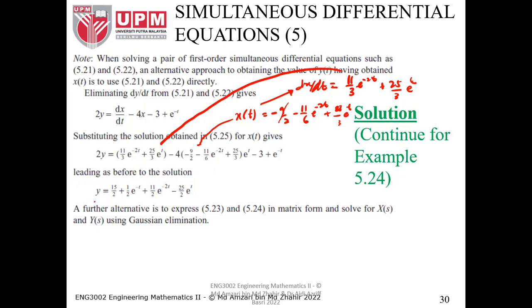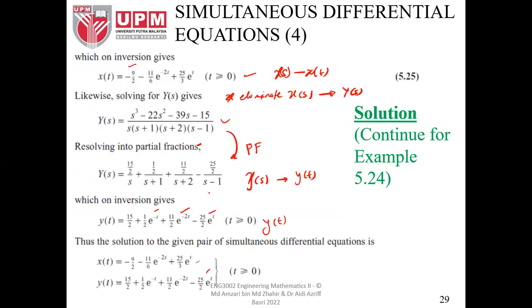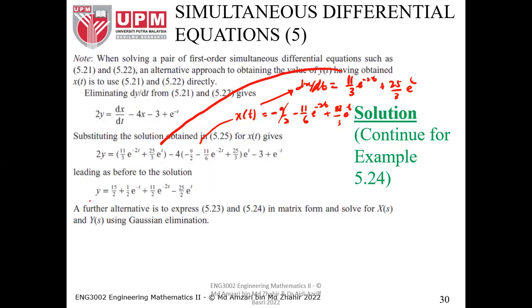So instead of calculating x and y using the Laplace transform, another way is to solve only x(t), and dx over dt, using the first equation of the main equation. You just substitute it, then you will get y. You get the similar y: 15 over 2 plus 1 over 2. So you get the same one. They have two methods here.